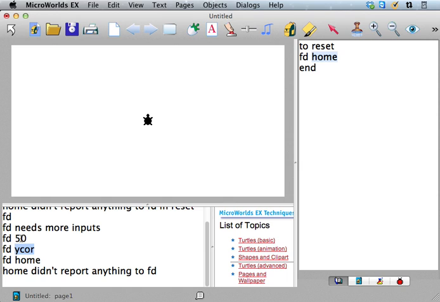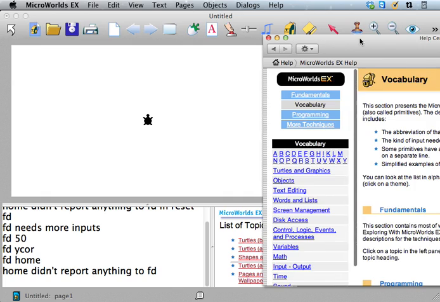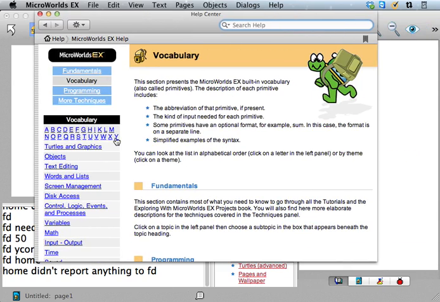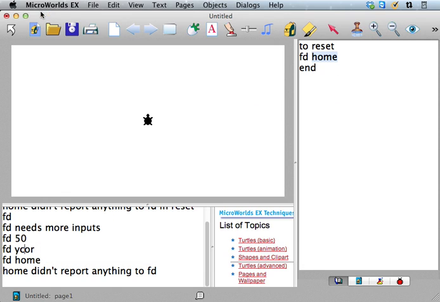FD needs a number, so you can either give it a number directly, or you can have a reporter after it that gives it a number. Let's check YCOR in the vocabulary here. YCOR, right there. YCOR stands for the Y coordinate. It reports the Y coordinate of the current turtle. It's a reporter. So that's why this one works and this one doesn't.